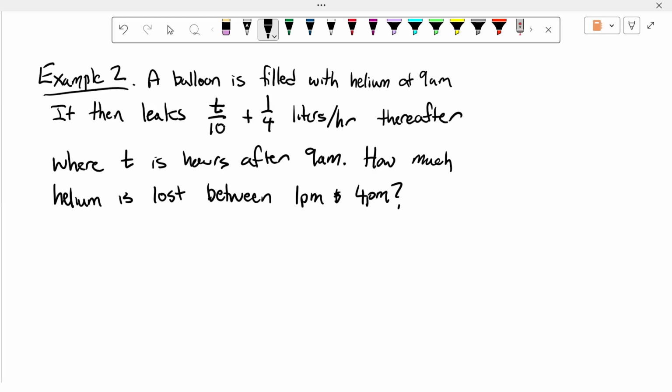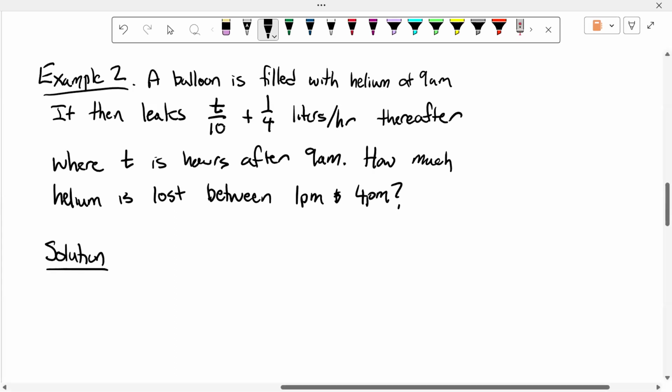So how do we approach this problem? Well, usually what you want to do is start off by identifying what your S of t is, at least conceptually. You don't have to figure out a formula for S of t, but you want to know what it is conceptually. And we kind of have two things we could measure. One is we could attempt to measure how much helium is still in the balloon, which is one thing.